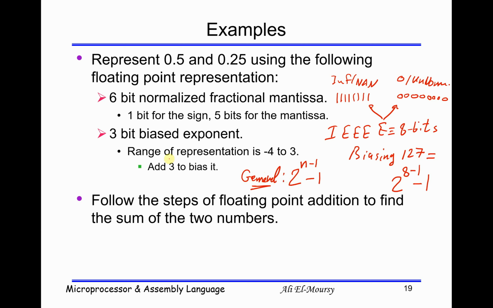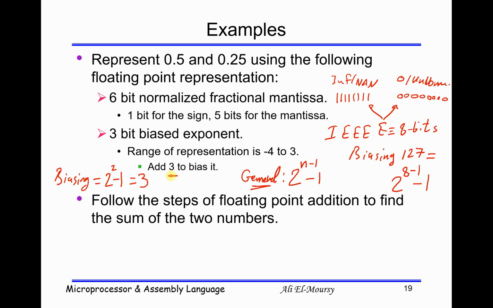So in this example I have 3 bits, which means the first thing I have to calculate is the biasing. Based on this rule, it is 2 to the power 3 minus 1, which is 2 to the power 2, which is 4, minus 1, so the biasing should be 3.